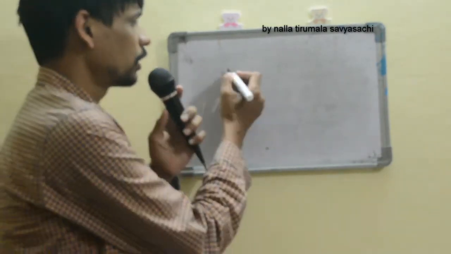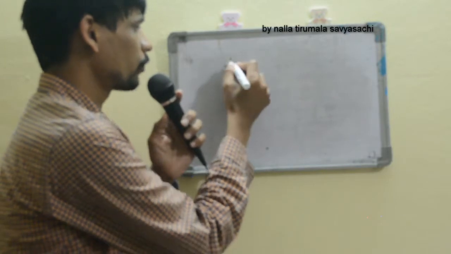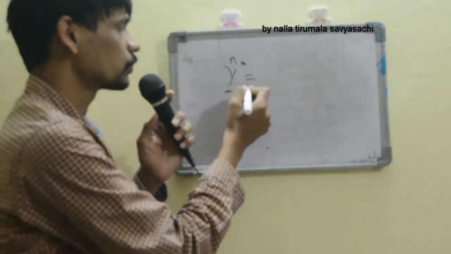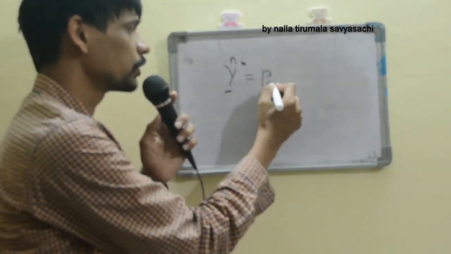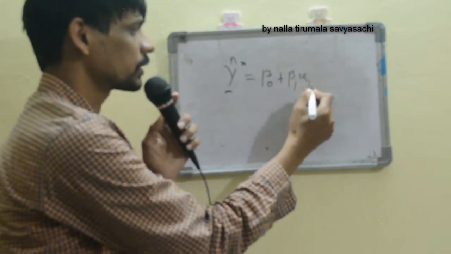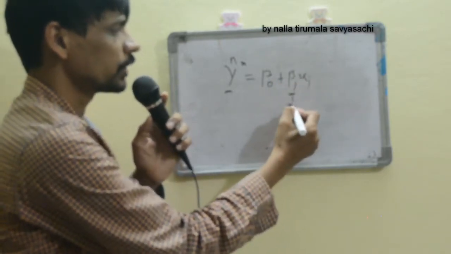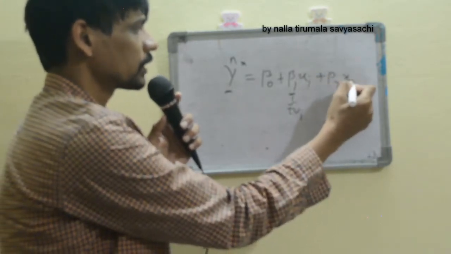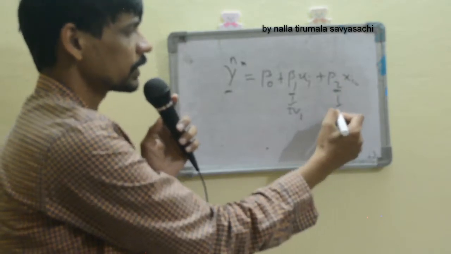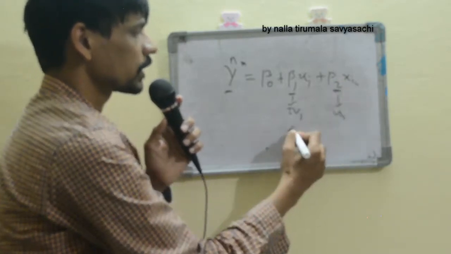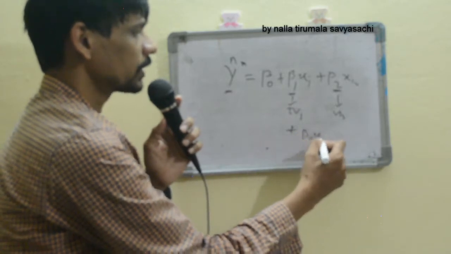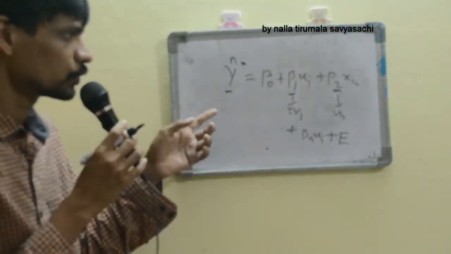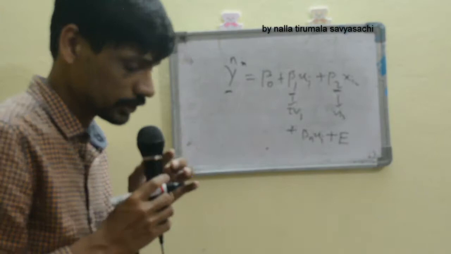In multiple regression, y cap is our dependent predicted variable, which is what we are going to predict, equals beta 0 plus beta 1 xi1, where x1 is the first independent variable, plus beta 2 xi2, where x2 is the next independent variable, and this can go up to beta n xin plus e, where e is our error.